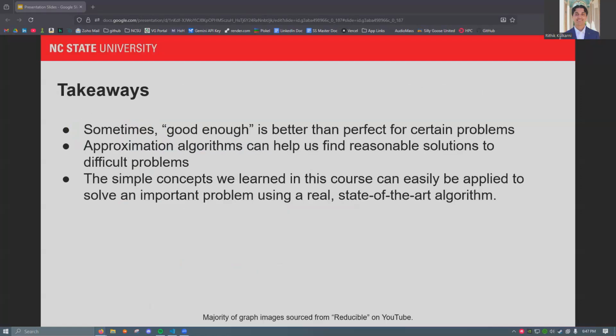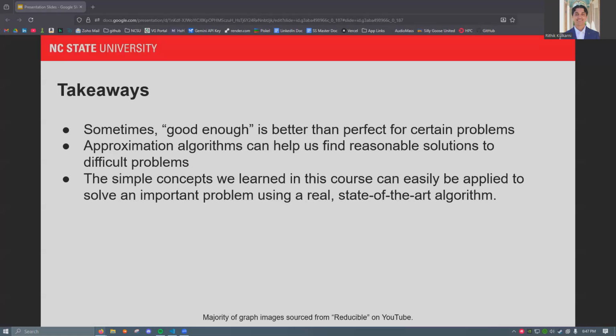Okay, so summing everything up, there are a few important takeaways from this problem and from the approximation algorithm. Firstly, sometimes finding a true optimal solution is simply unreasonable. Like we saw, the n minus 1 factorial over 2 runtime is unreasonable for even 20 cities. Thankfully, we have approximation algorithms, such as Christofides, that can help us find reasonable solutions to even problems that have NP hard difficulty.